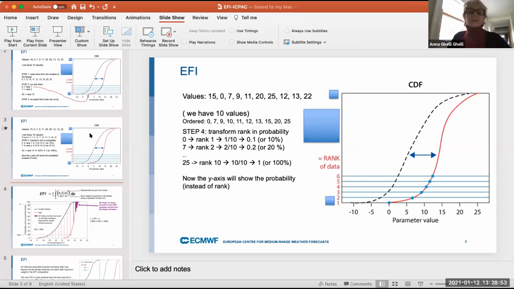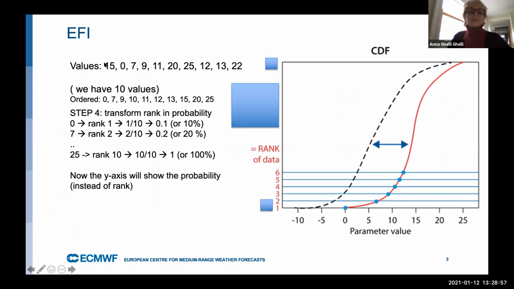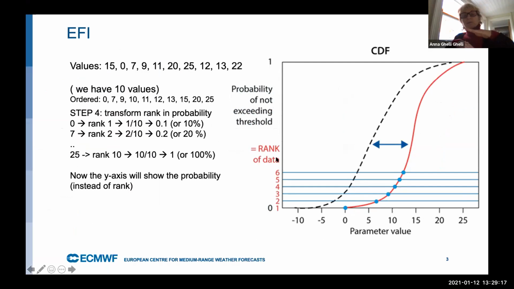So we've done this one. We now understand that we go from our values to an ordered time series to the rank, and then from the rank to the probability. And this gives information about whether we are below a certain value or not exceeding a threshold.